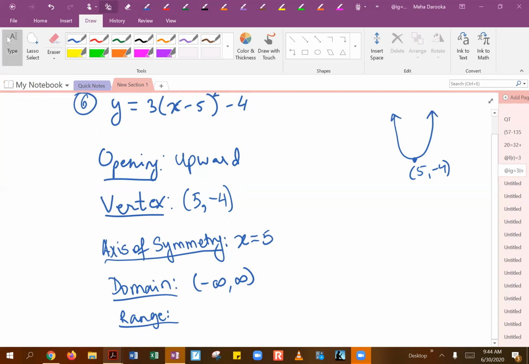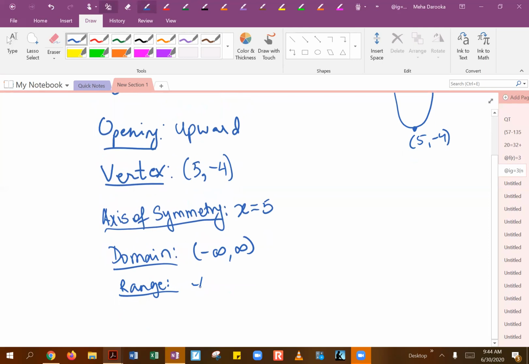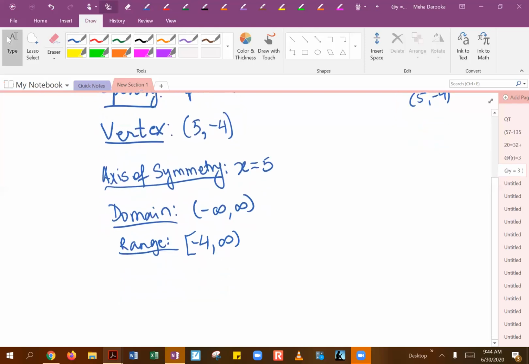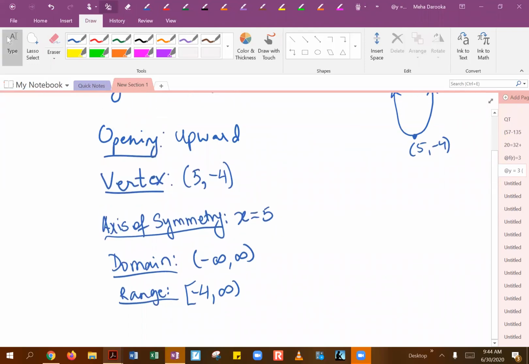Yeah, you will be starting at -4 and going to positive infinity since our graph is going upwards. And again, we would be including -4. Let's see, we've got opening, we've got the vertex, the axis, domain, and range. Now, will we have a maximum or a minimum value, and what will that number be?